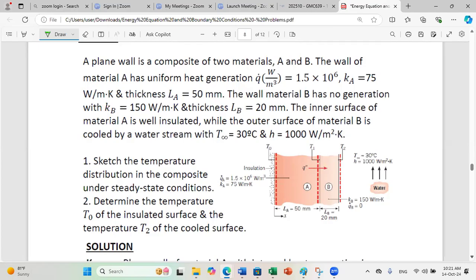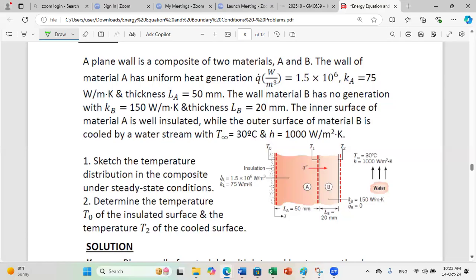The inner surface of material A is well insulated, while the outer surface of material B is cooled by a water stream with T infinity equals 30 degrees and H equals 1000 watt per meter square Kelvin. We want to sketch the temperature distribution in the composite under steady state conditions, and we want to determine the temperature T0 of the insulated surface and the temperature T2 of the cooled surface.